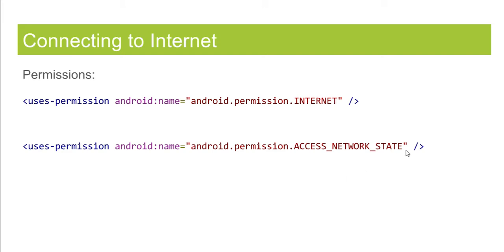First is internet permission, which is used to actually connect to the internet, and another one is access network state information. This is used to know whether the device is connected to internet or not.